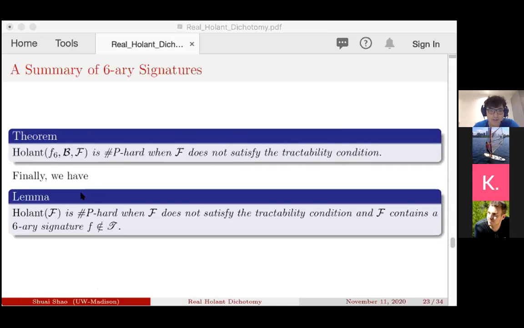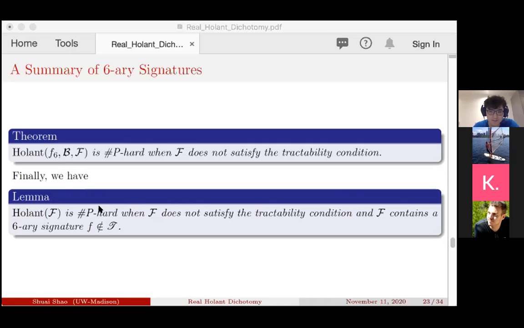And finally, we can show that the original Holant problem specified by a signature set script F, which does not satisfy the tractability condition and contains a 6-ary signature that is not in T, is #P-hard. Recall that previously we showed that this problem is either #P-hard, or we can realize this signature F sub 6. And once F6 is realizable, we can also realize all 4 bi-binary signatures, and we showed that this problem is #P-hard. So the original problem is #P-hard.